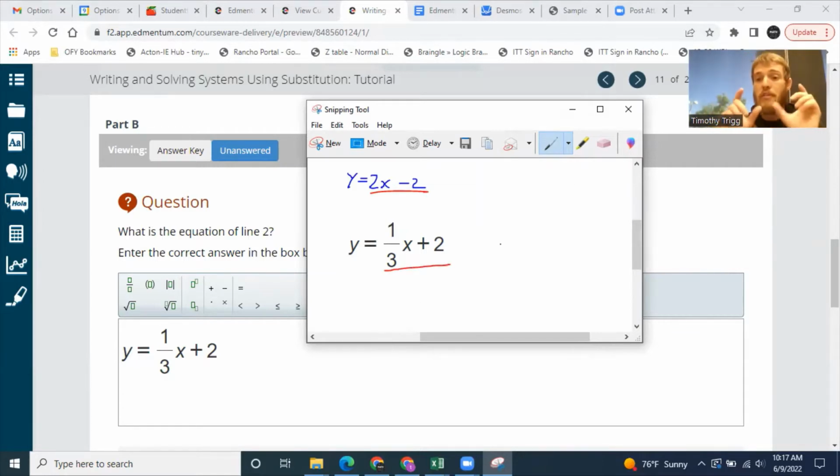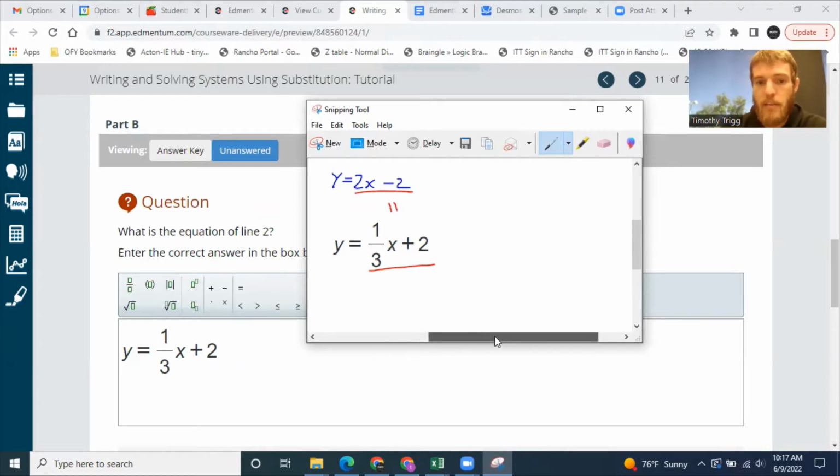Since they both say y equals, if 2x minus 2 is y, and 1/3 x plus 2 is also y, that means we can put these equal to each other because they both equal y.